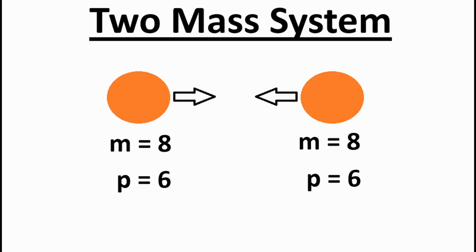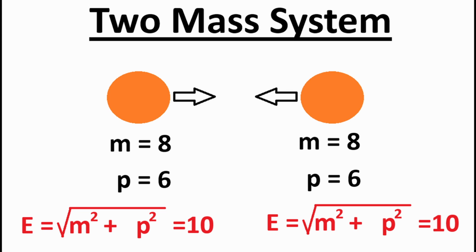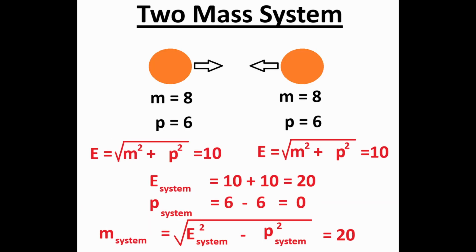Consider an example where there are only two massive bodies in a system. Both have the same mass and both are moving toward each other with equal and opposite velocities. Each object has a mass of 8 units. The energy of each object is the square root of their masses squared plus their momentum squared, which is equal to 10. The total energy of the system is 10 plus 10, which equals 20.